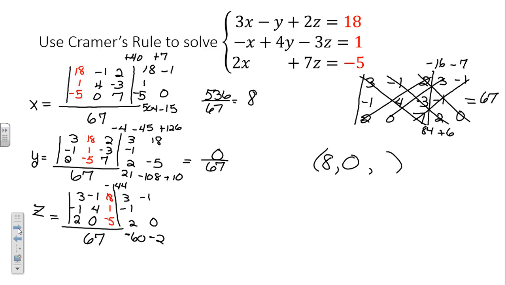Change the sign. Then 0 times 1 times 3 is 0, and -5 times -1 times -1 will be a -5. Change the sign. So a -144 plus 5 minus 60 minus 2. We get 3.